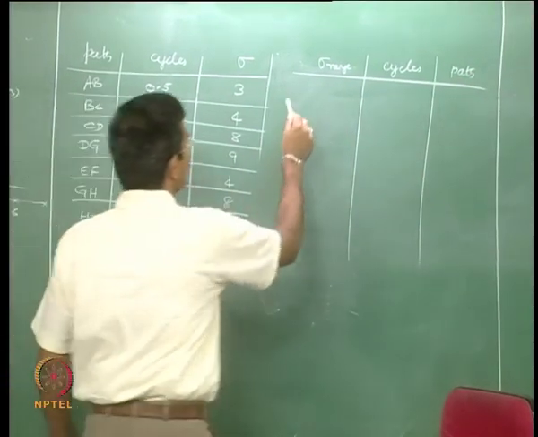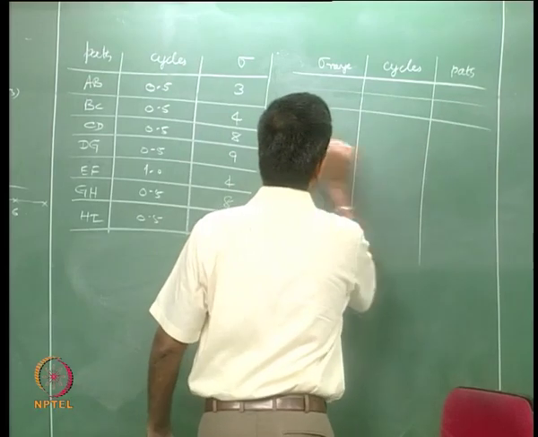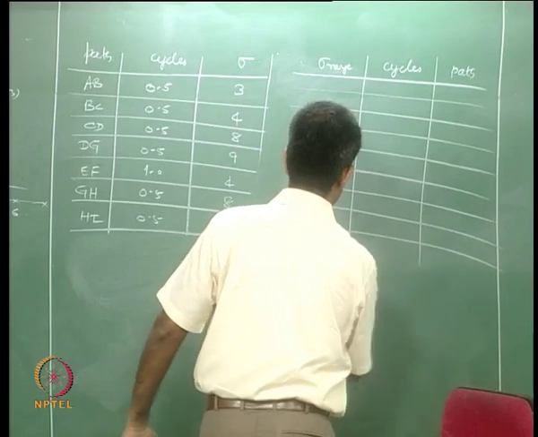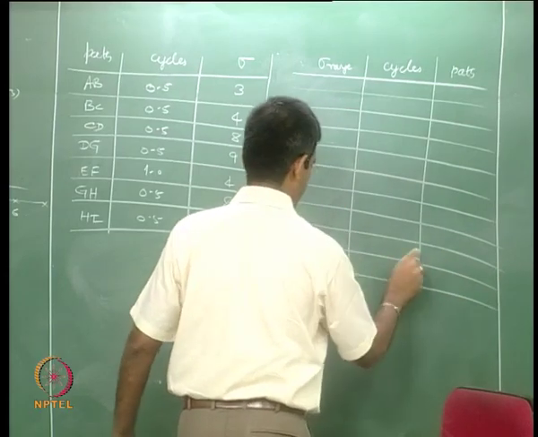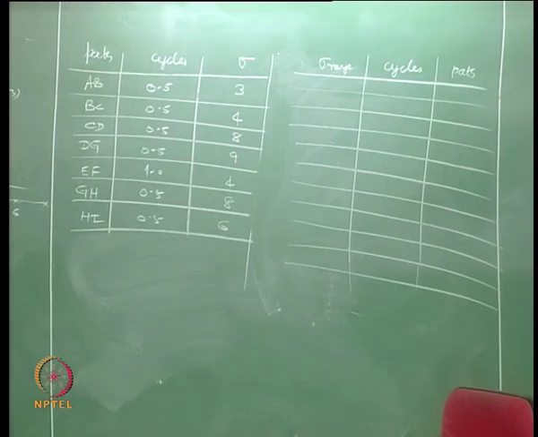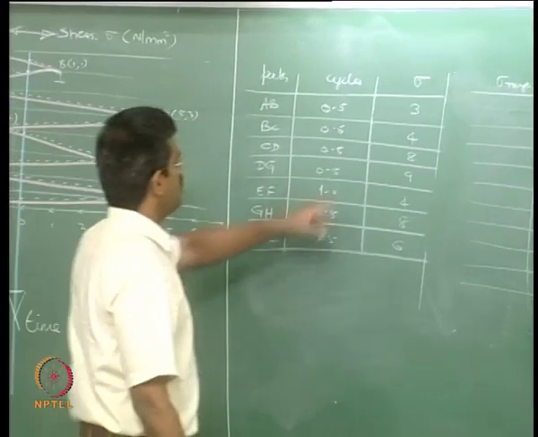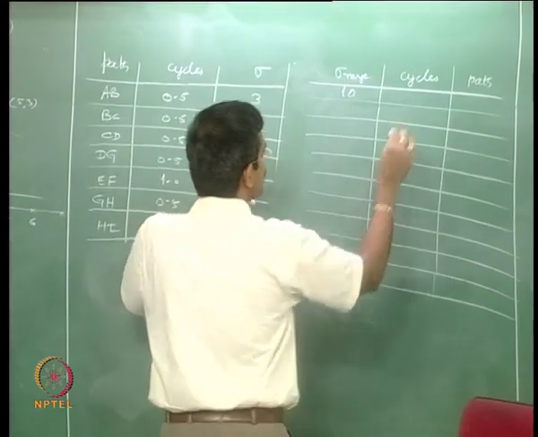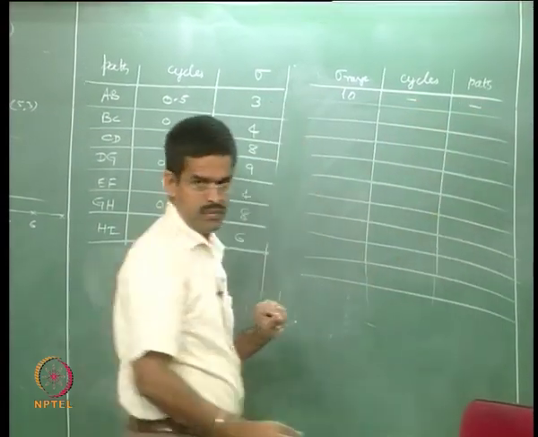So let us start from the maximum value here, which is 9. Let me start from 10, the stress range 10, there are no cycles, there is no path.